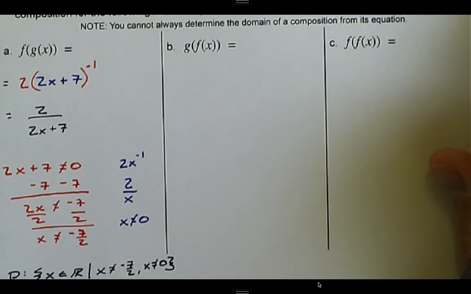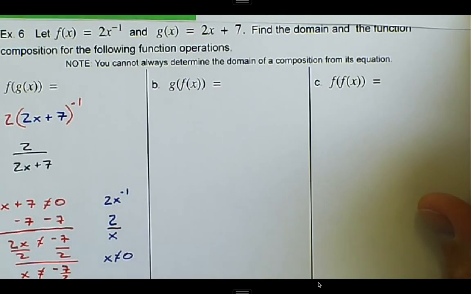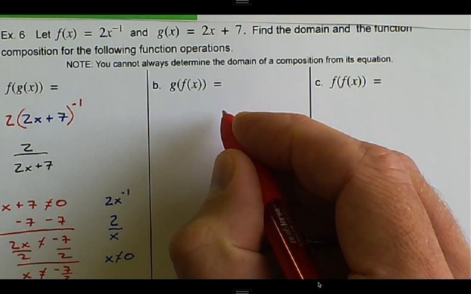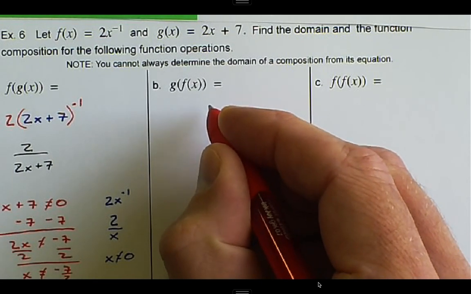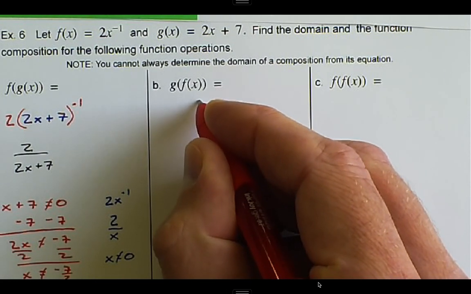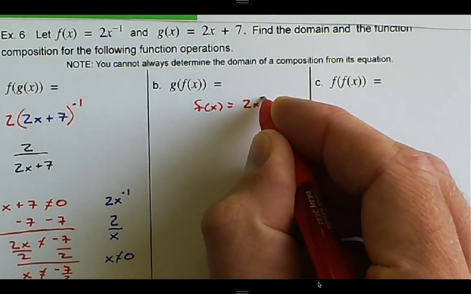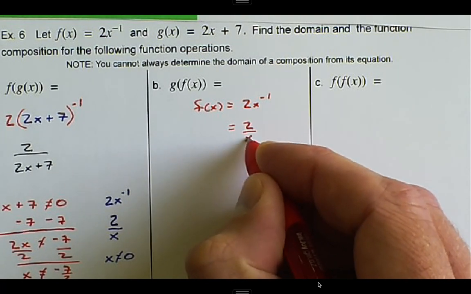The next problem we have here is we're going to substitute f into g. So we have the function f in this case, and I'm going to write this in fraction form. We know that f of x is equal to 2x to the negative 1, but I'm going to write this as a fraction, 2 over x.